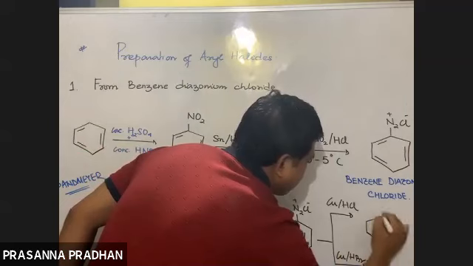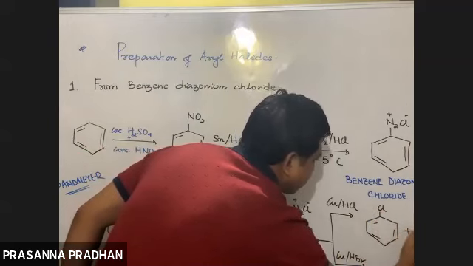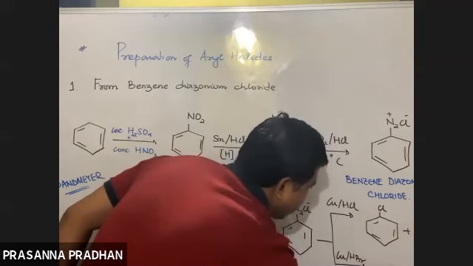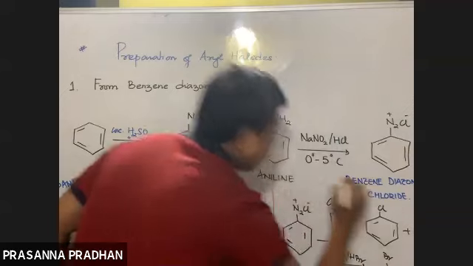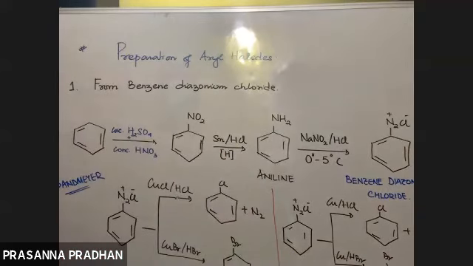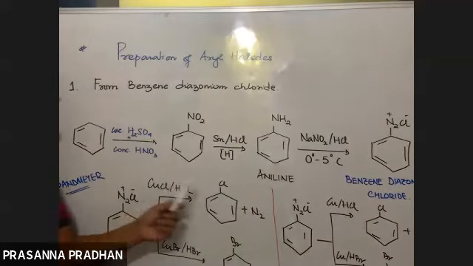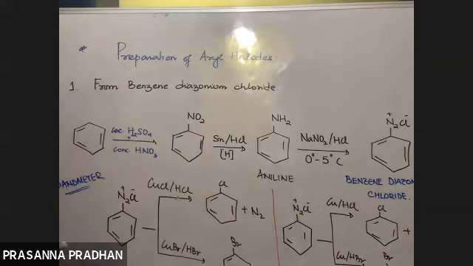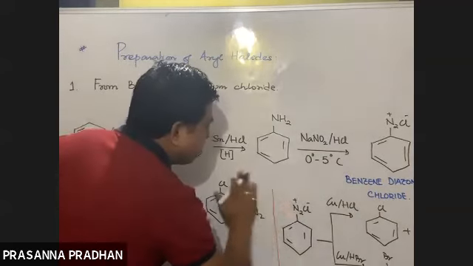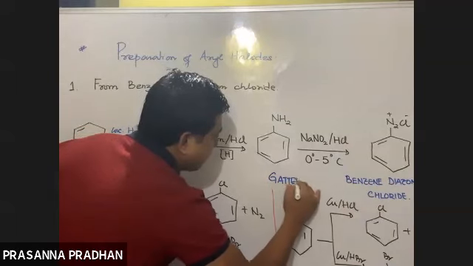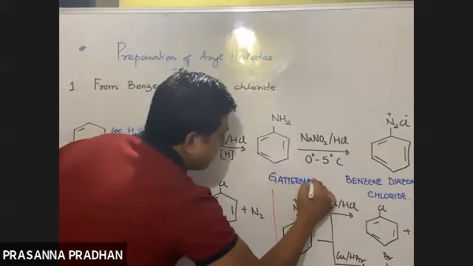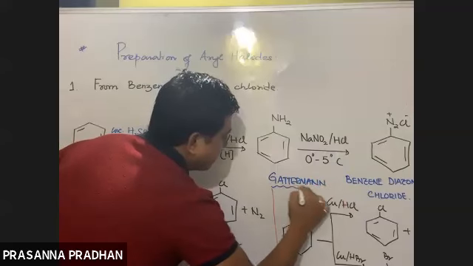We get chlorobenzene plus nitrogen, and bromobenzene, again with nitrogen. Similar reaction, here CuCl was used, here metallic copper. So this reaction is known as the Gattermann reaction.